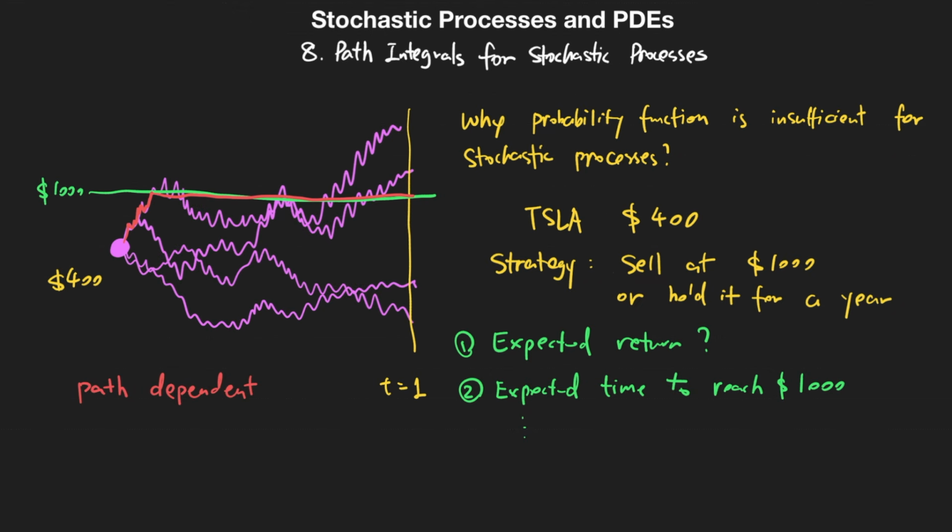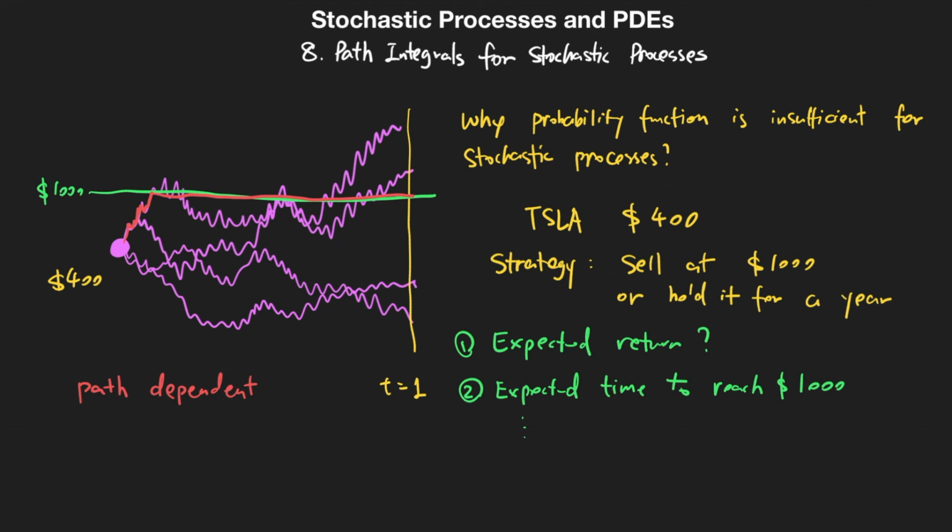Once the stock reaches $1,000, this process stops. But with the Fokker-Planck equation, we only know the distribution of the stock price at t equals 1 year. It does not care about the intermediate values of the stock price. That's why it is not enough for this trading strategy, because the intermediate values of the stock price matter.